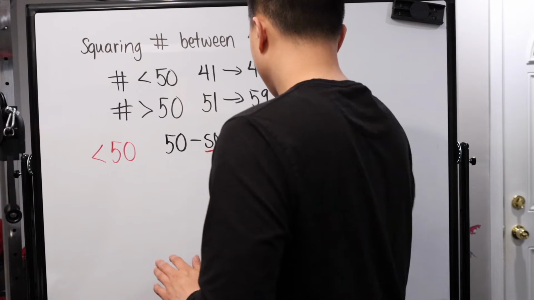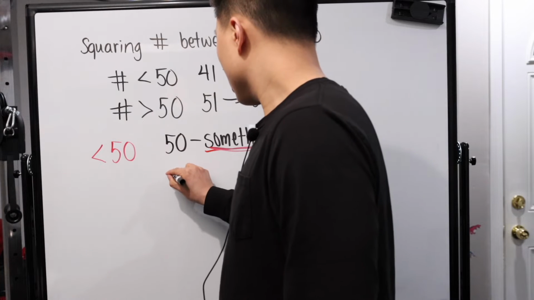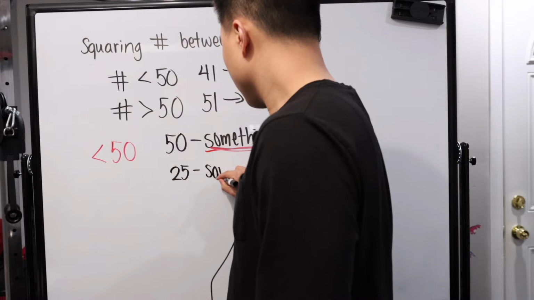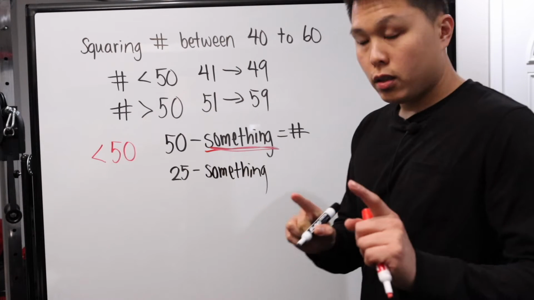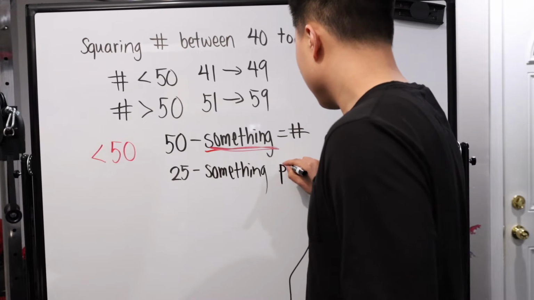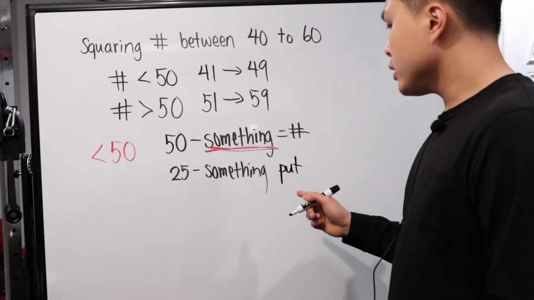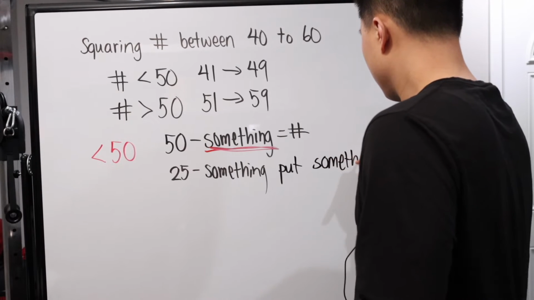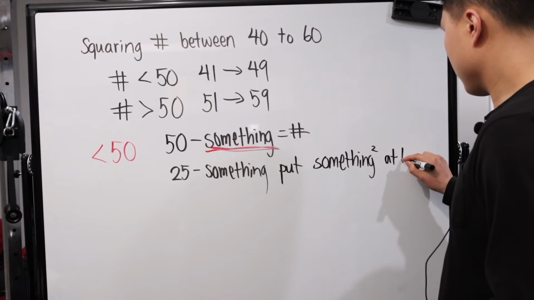You're going to have 25 minus the something, and in the end you're going to put, I don't want to say add, because that could be misinterpreted like in the previous video, you're going to put something squared at the end.